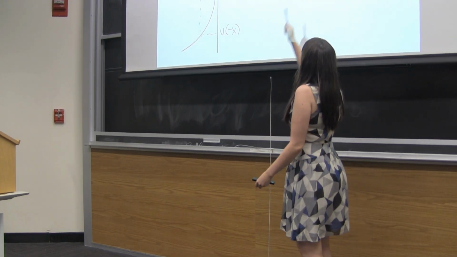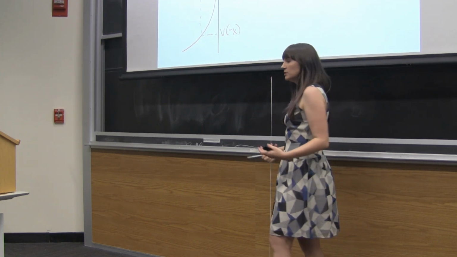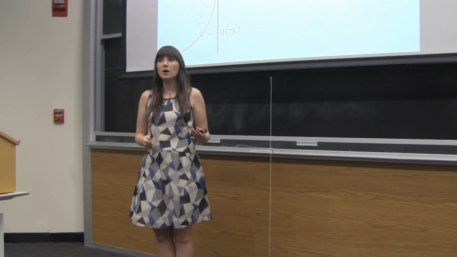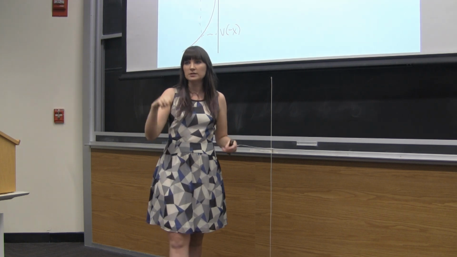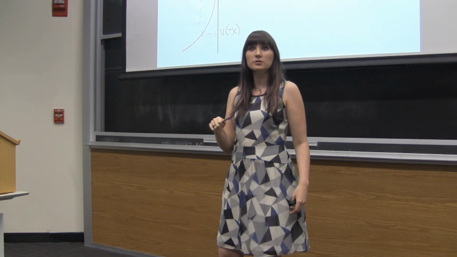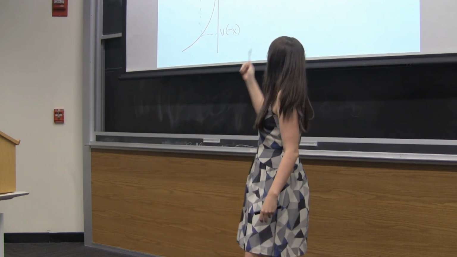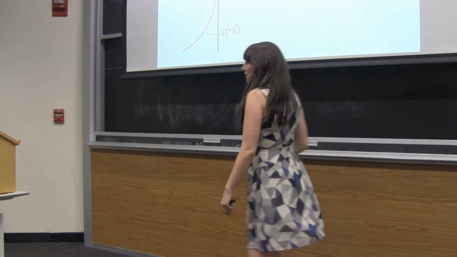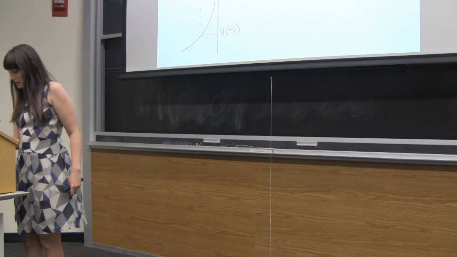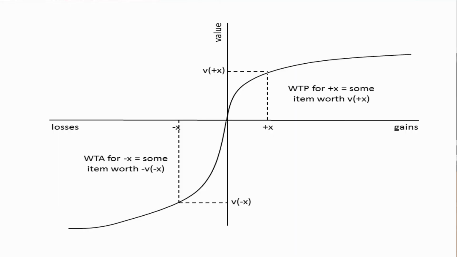This was probably a little more complicated than it needs to be, because I was trying to make it as abstract as possible, and usually we just think about this in terms of dollars, right? But the point here is that the value of plus x is not equal to the negative of the value of negative x.